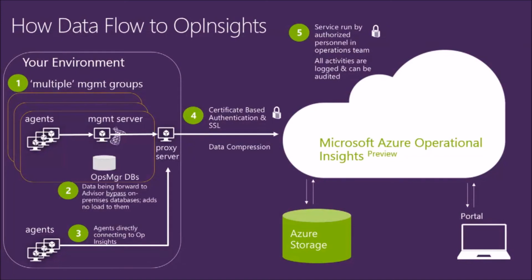Only authorized operational personnel can, and their main job is to ensure that the service is up and running. We take this very, very seriously. Every single activity that is performed in the service is audited and logged and can be tracked.